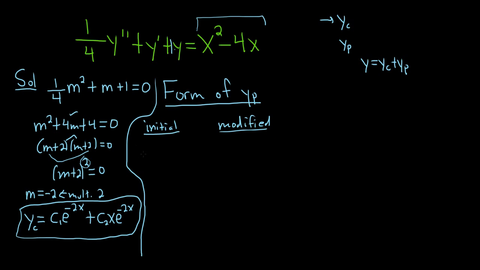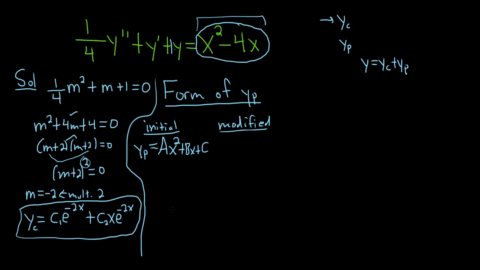When you make the initial guess, you only look at the right-hand side of your differential equation. Based only on that, you see that we have a quadratic, x squared minus 4x. Therefore, our initial guess is a full quadratic, so ax squared plus bx plus c.